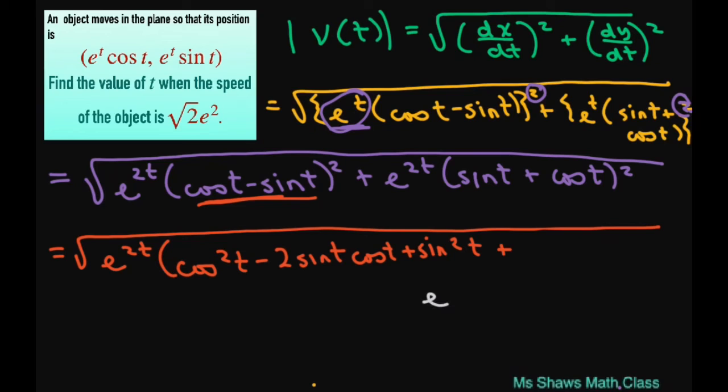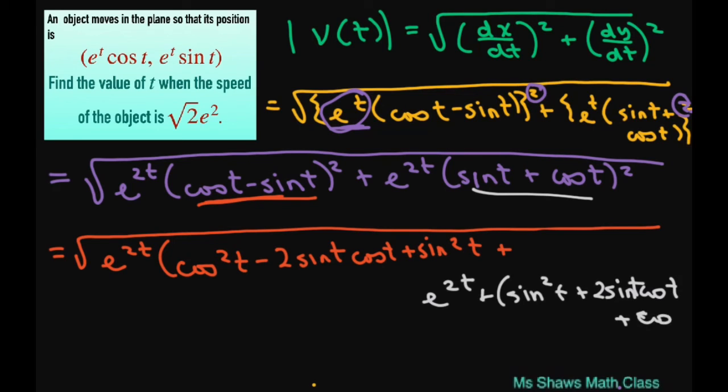So we're going to have e to the power of 2t plus, and I'm just expanding this, sine squared of t plus 2 sine of t cosine of t plus cosine squared of t.